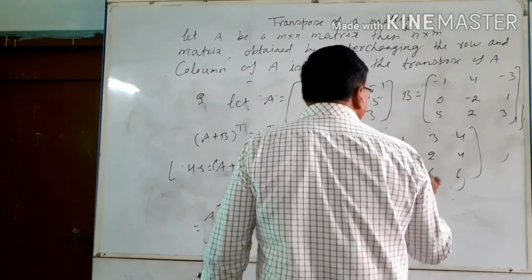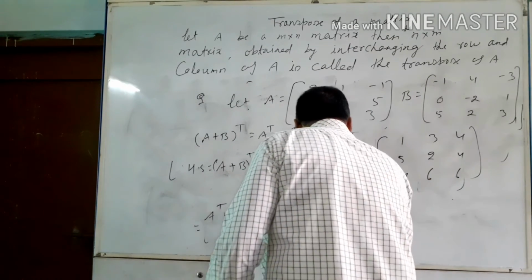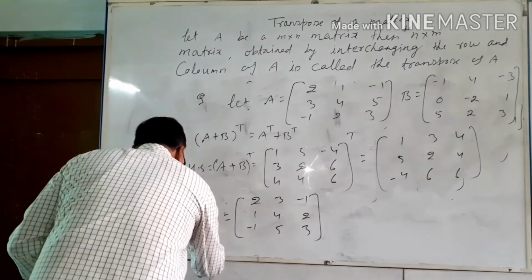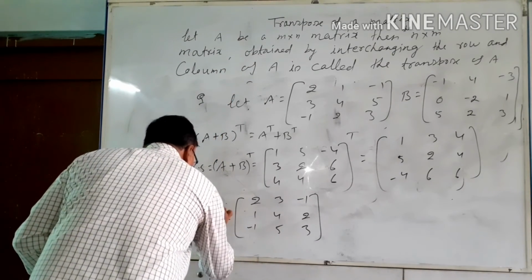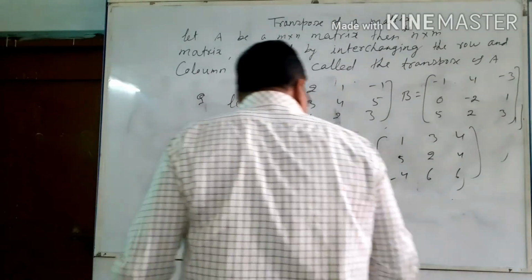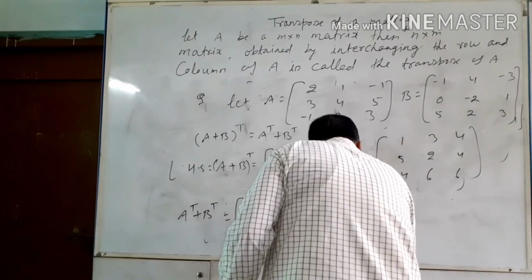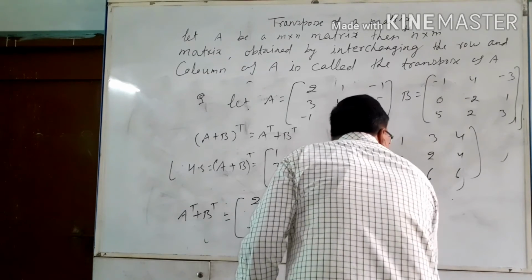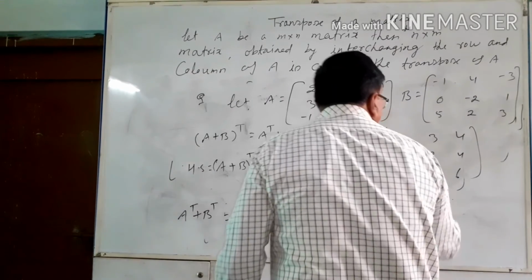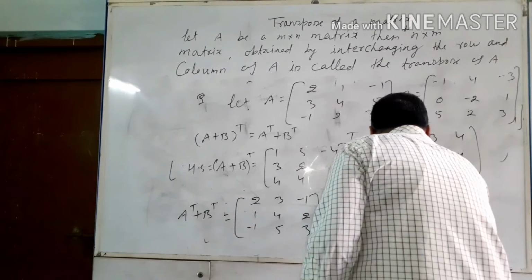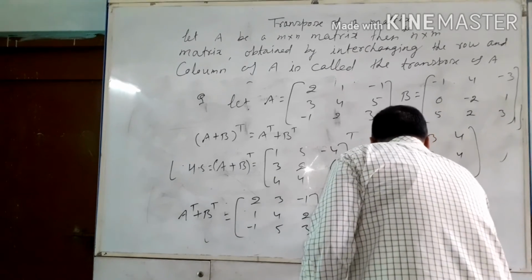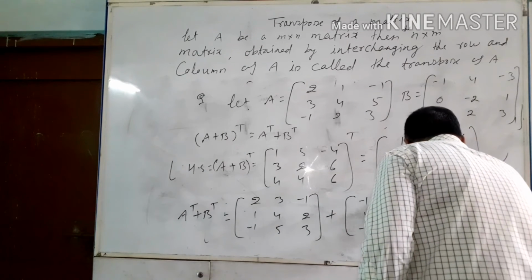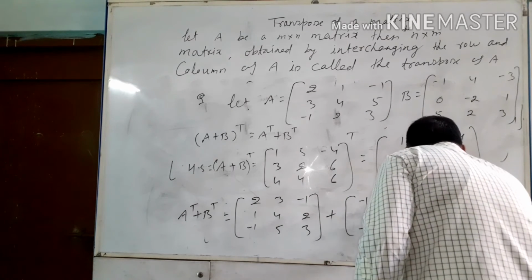And what will be B transpose? B transpose will be minus 1, 4, minus 3, 0, minus 2, 1, and the third row 5, 2, 3.